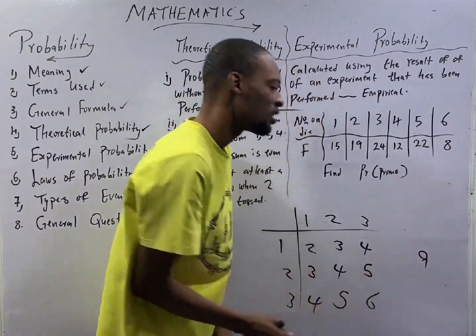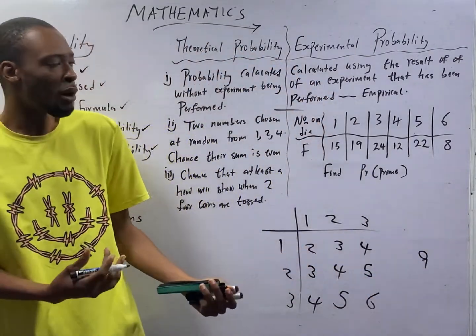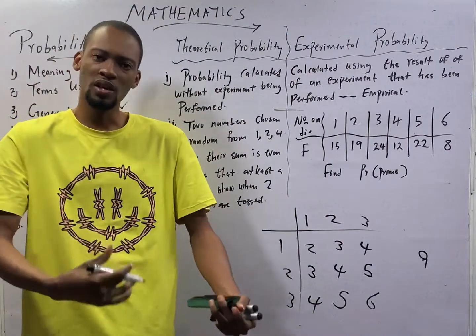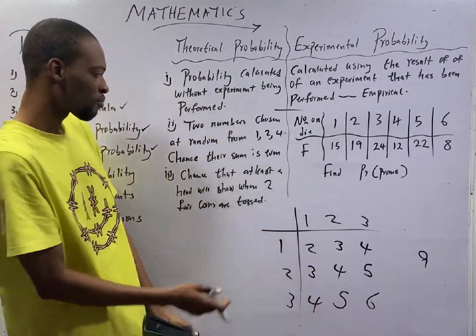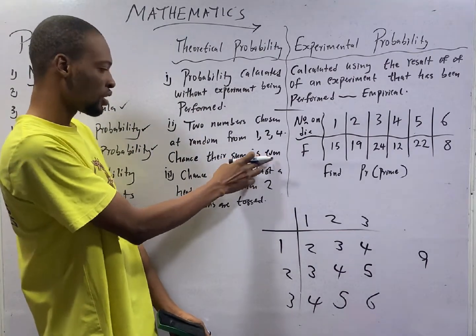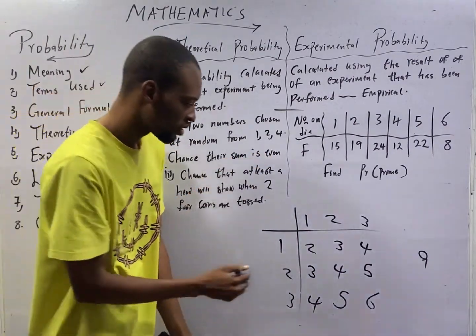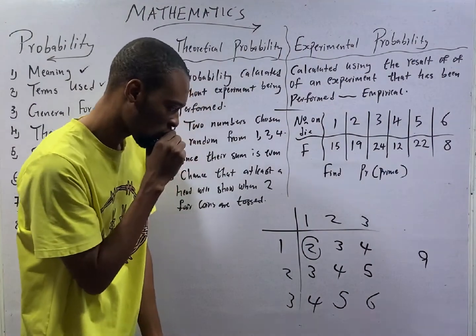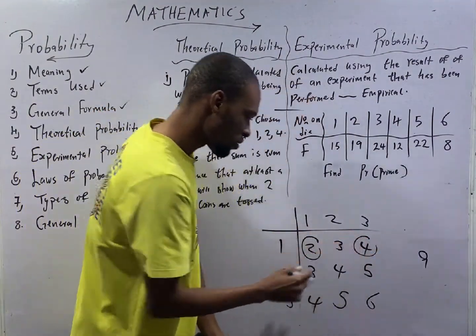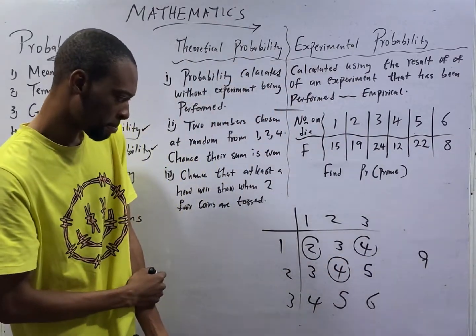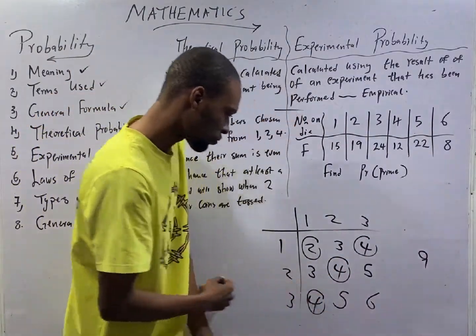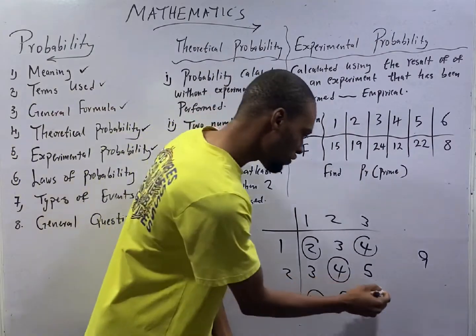Total outcome is 9. Now our required or desirable outcome is the sum of the numbers being even. So let's look at the even results. This is even. This is even. This is even. This is even. This is even.